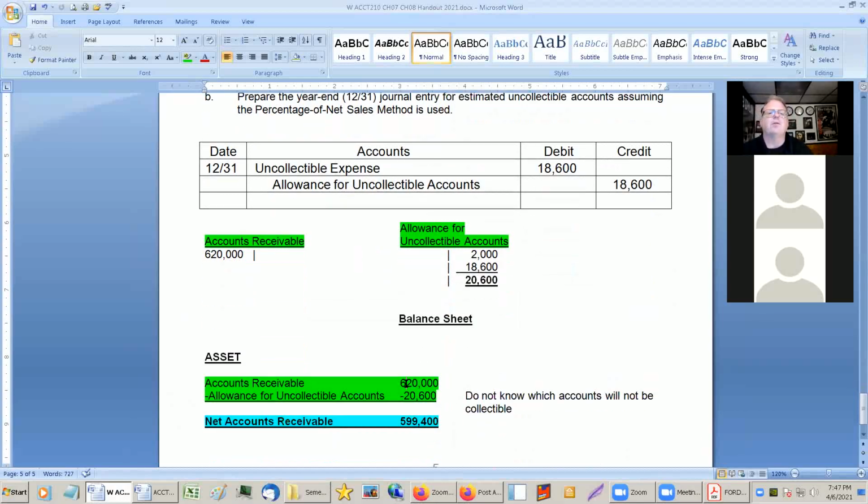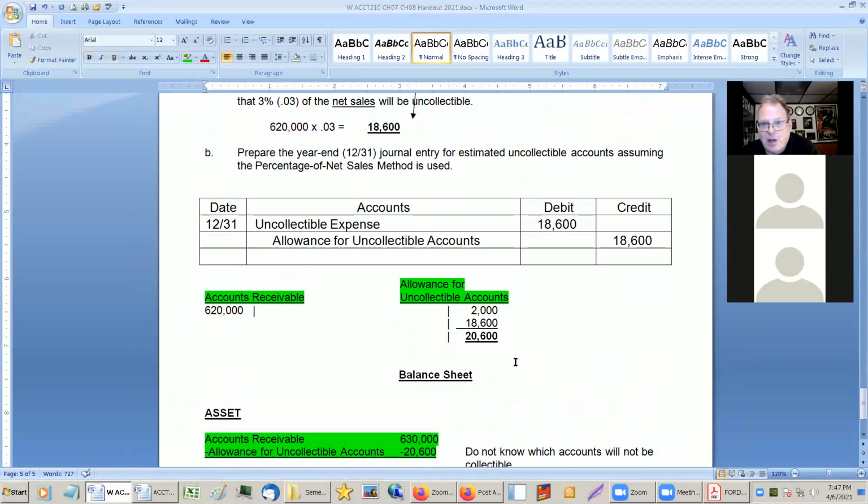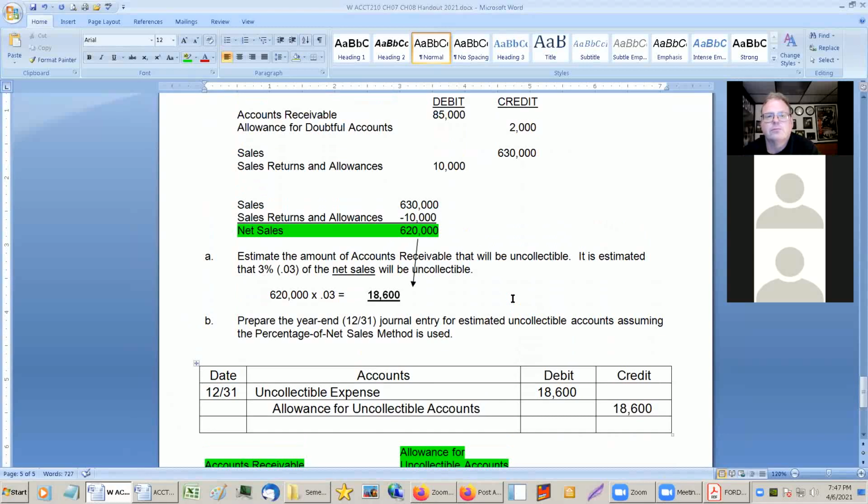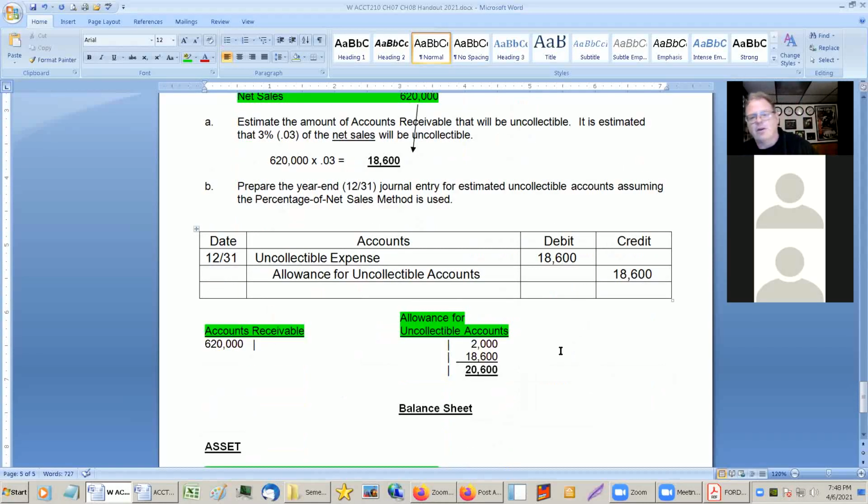This is wrong. I just didn't see it before. It should be 630. Should it be 630, or since we say accounts receivable, should it be 85,000? Are we putting the sales down there? No, you're absolutely right.